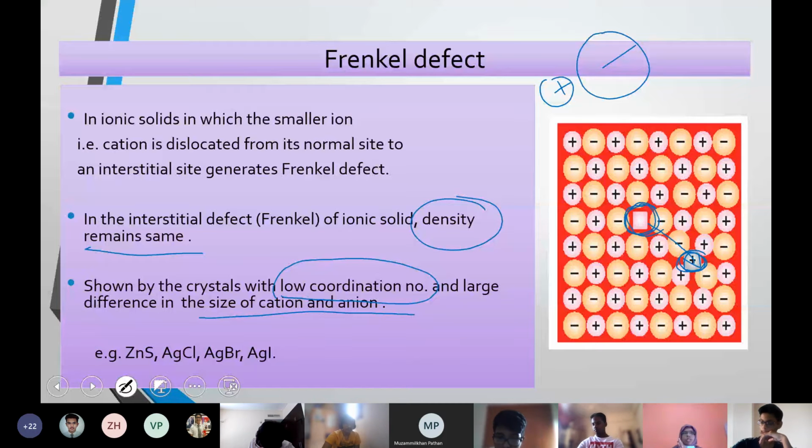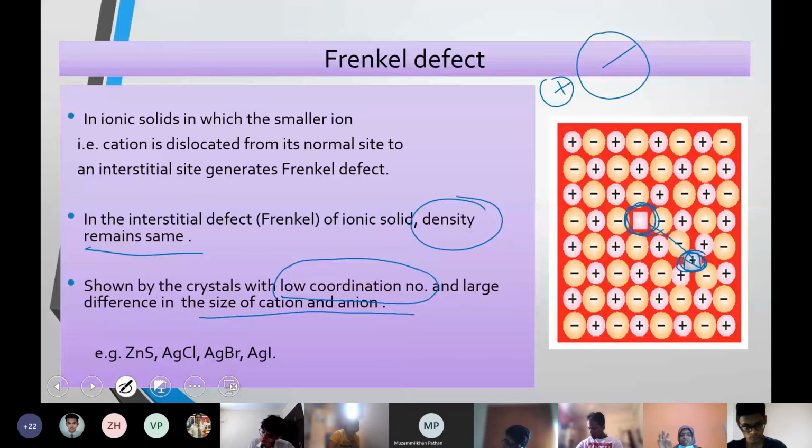So that's what mostly they will ask, a question to compare Schottky defect and Frenkel defect. Schottky defect is absence or missing of cation and anion in equal number. But in Frenkel defect nothing is lost or missing. It is just dislocated from its position to the interstitial site. In Schottky defect, density decreases because particles are missing.